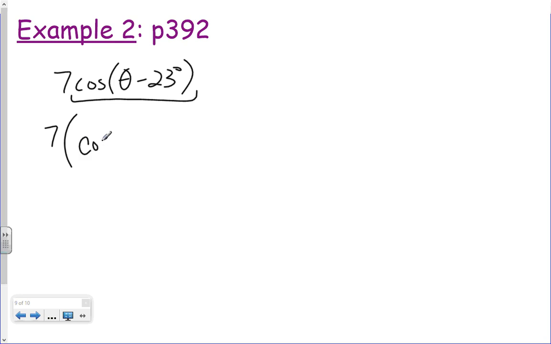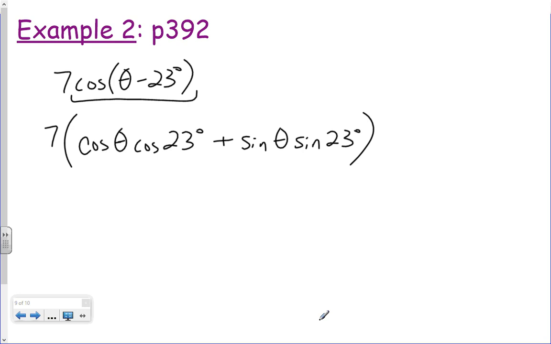It's the cosine of the first angle, theta, times the cosine of the second angle, 23 degrees, plus the sine of the first angle, theta, times the sine of the second angle, 23 degrees. Sometimes I like reading that off as first angle and second angle when you write that out. Helps you remember how to write it. But there's what that's equal to.